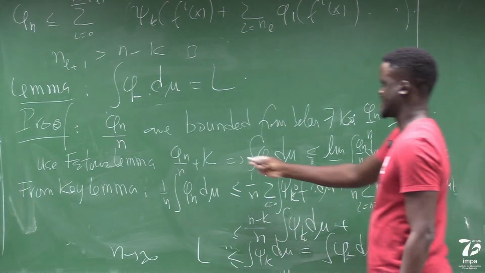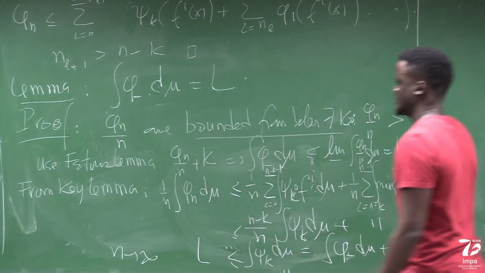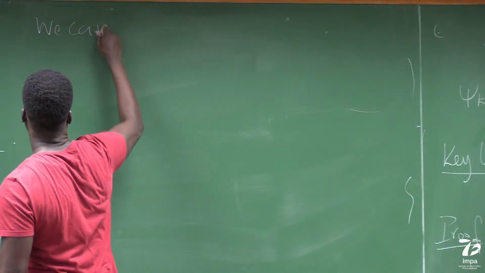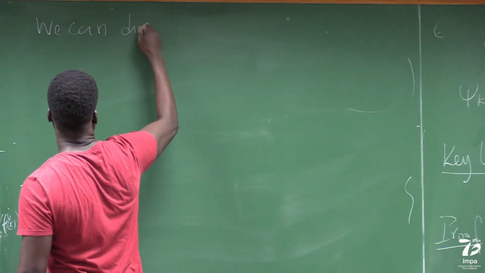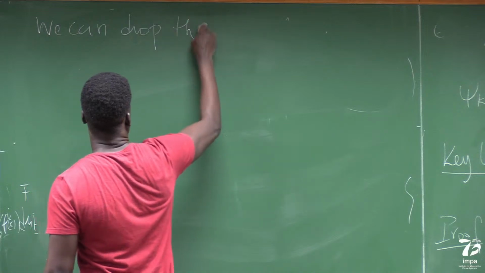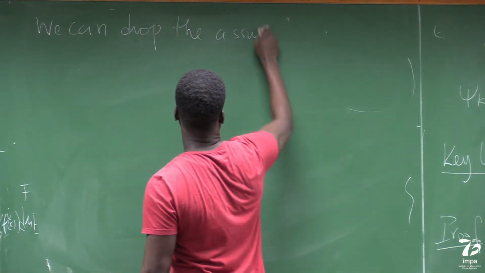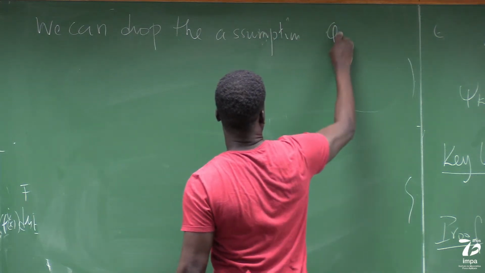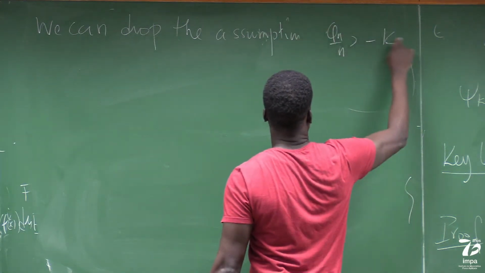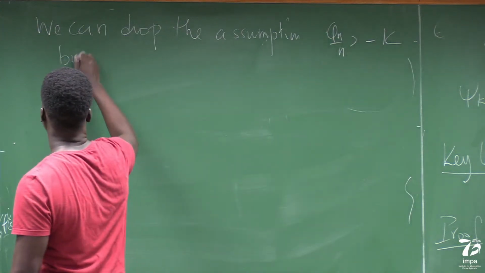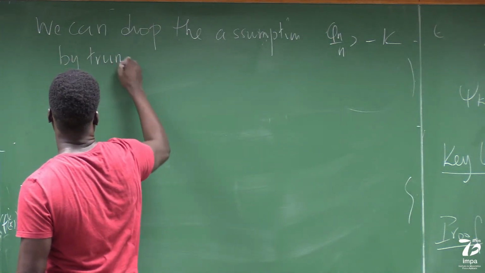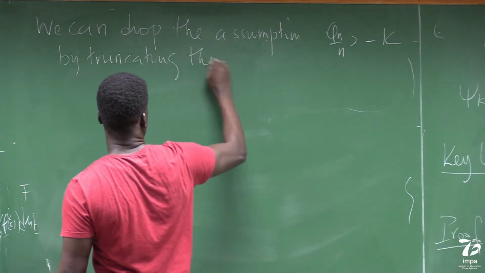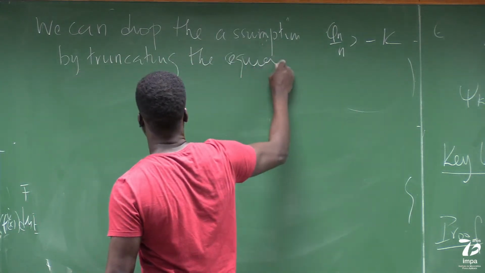But there was this assumption here, bounded below. This can be dropped. We can drop the assumption phi n over n bigger than minus k by truncating the sequence. So what does this mean?